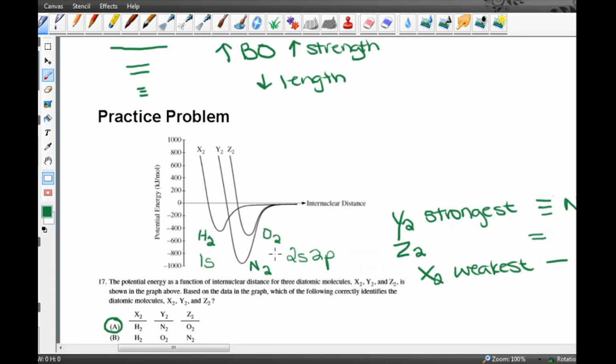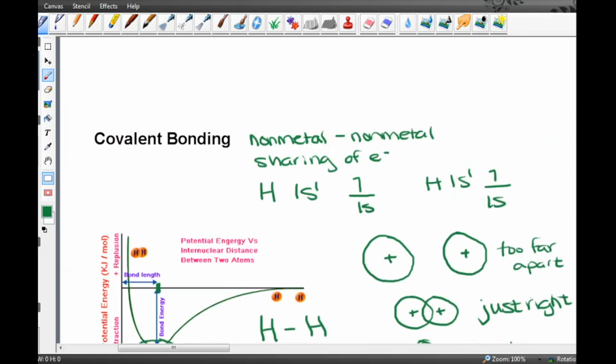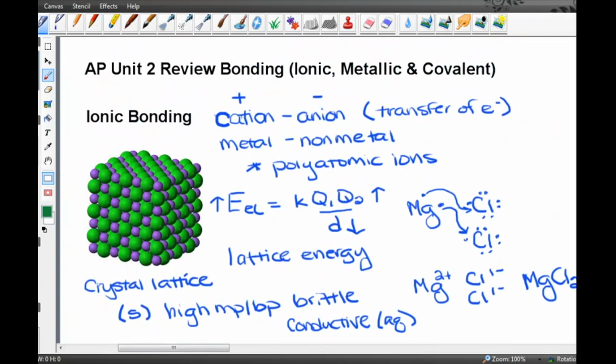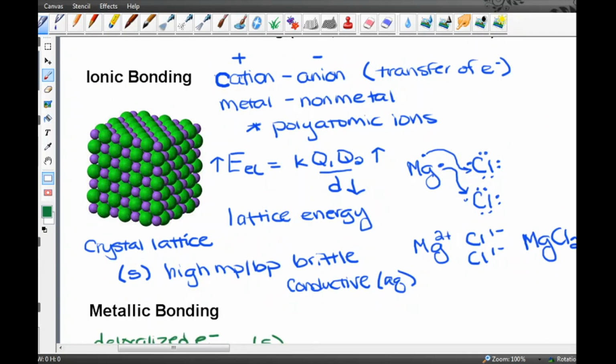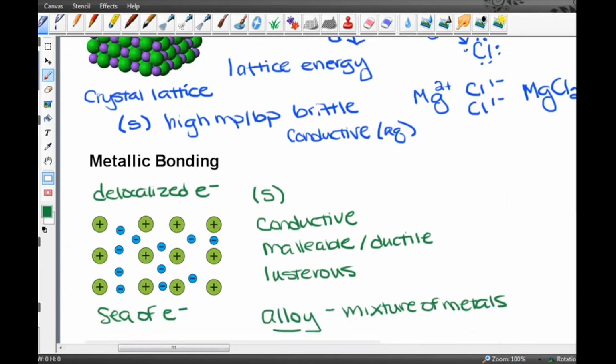Let me check my notes. Yes. Okay, so now we get to move on to Lewis dot structures for covalent compounds. So just to review, we talked about the three main overarching types of bonding. We talked about ionic with our transfer of electrons and the properties that they have, and the crystal lattice structure.